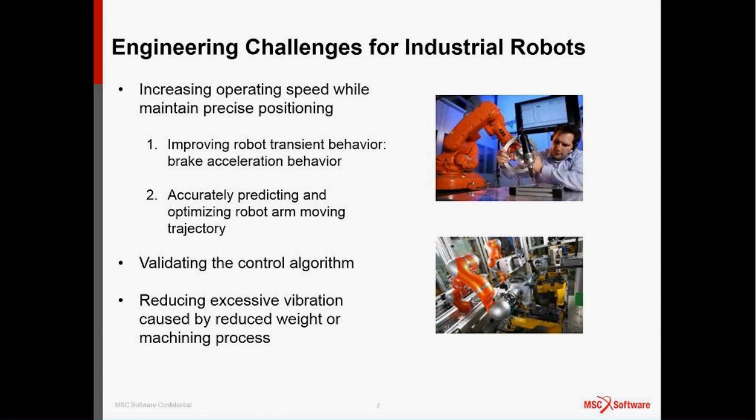You might either choose a larger motor or need to apply higher force on a lot of your components, which might cause some of the parts to deform more than you want. Or if you want to increase the operating speed for machining industrial robots, the interaction between the tool and the workpiece is very fierce, and that can generate excessive vibration.